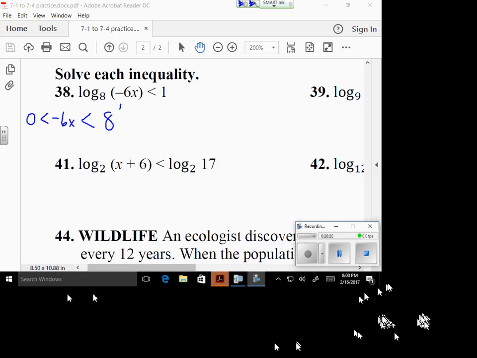We can divide everything by -6. We get 0 needs to be less than x, which needs to be less than -4/3, which is impossible.